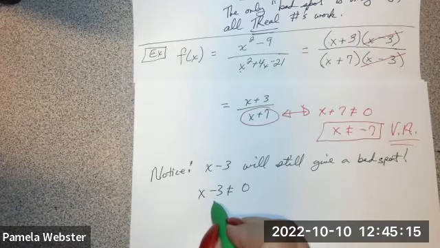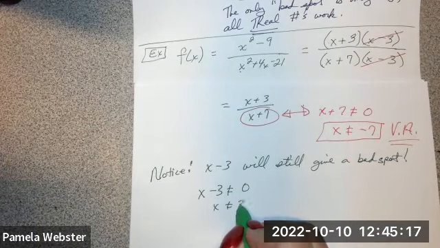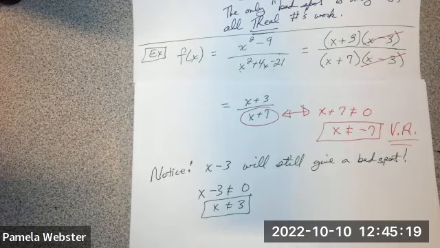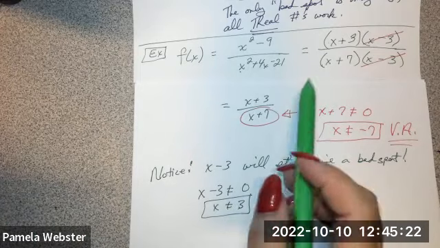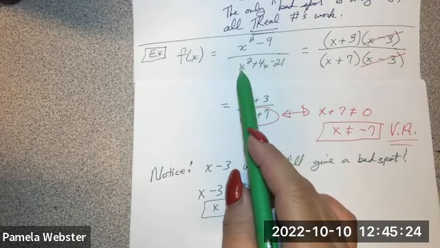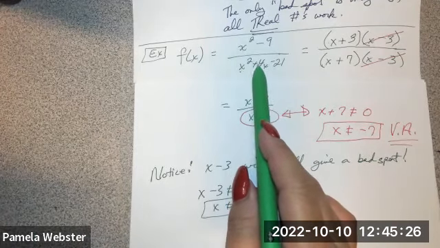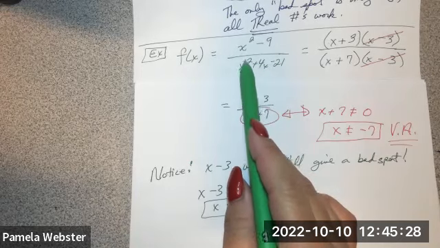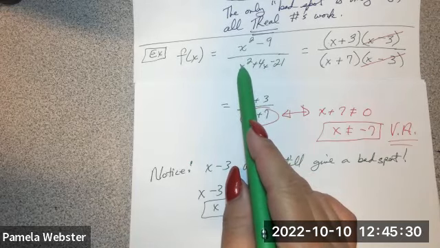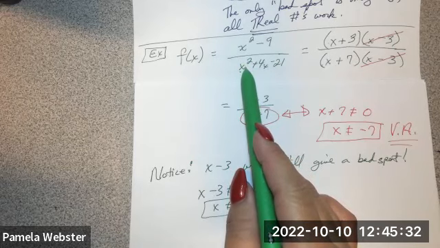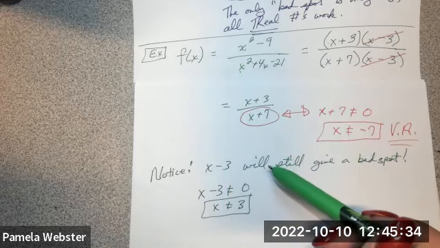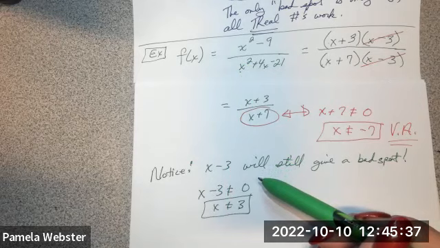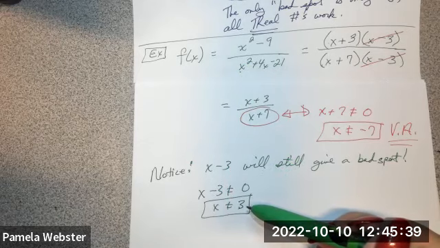Add 3, x can't equal 3. So if I put 3 in up here in the denominator, 3 squared is 9. 9 times 4 is 36. Hang on, I'm sorry. x can't equal 3.